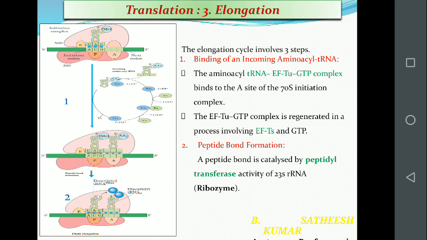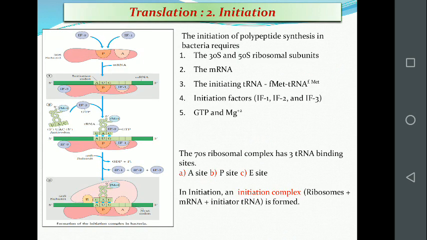That polypurine sequence guides the mRNA in such a way that AUG is rightly placed in the P site. Finally, the large subunit comes and binds to this pre-initiation complex to form the initiation complex.